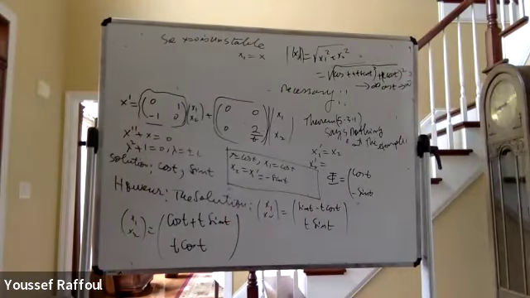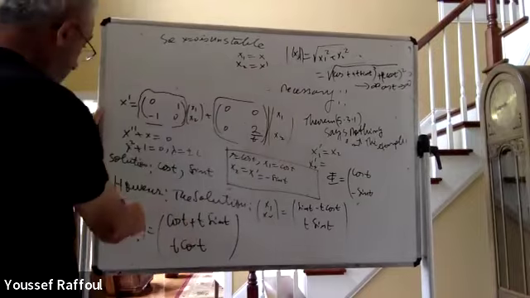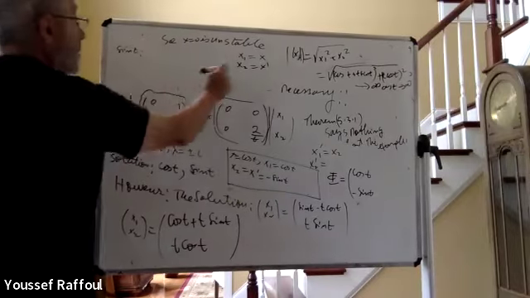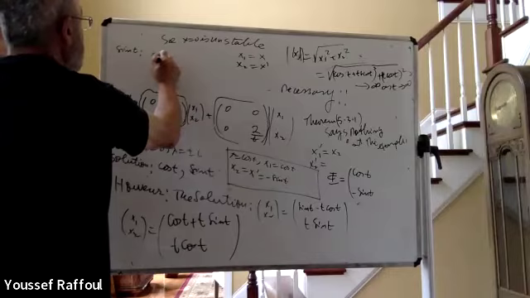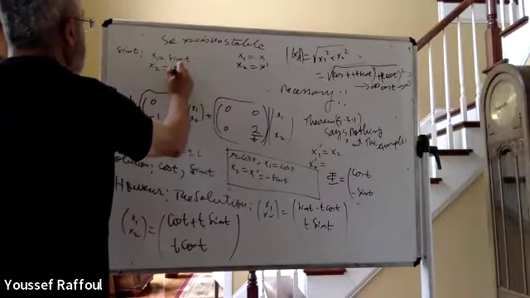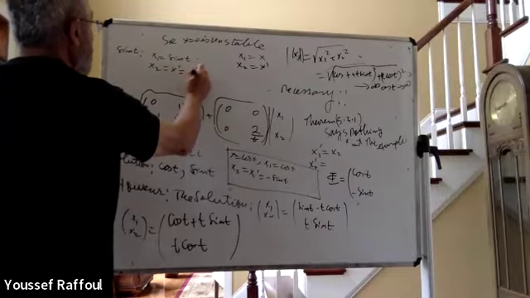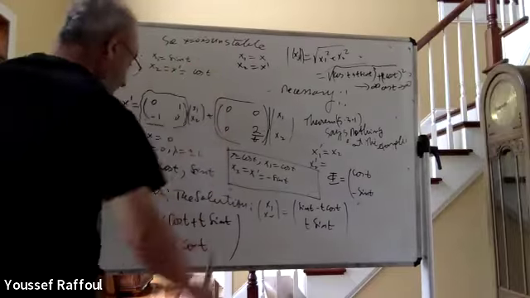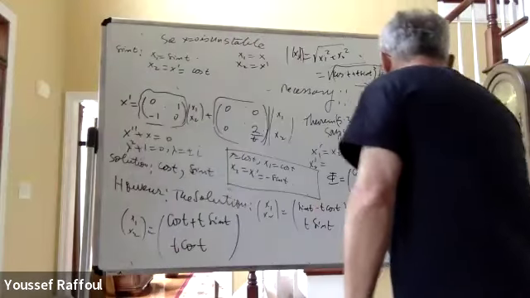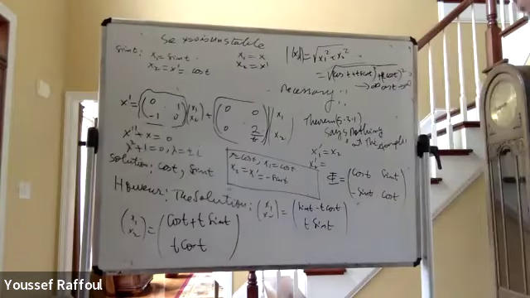Now let's take x equals sine t. That means x1 is sine t and x2 is x prime, which is cosine t. Okay, so now we have sine t, cosine t. So this is your phi.